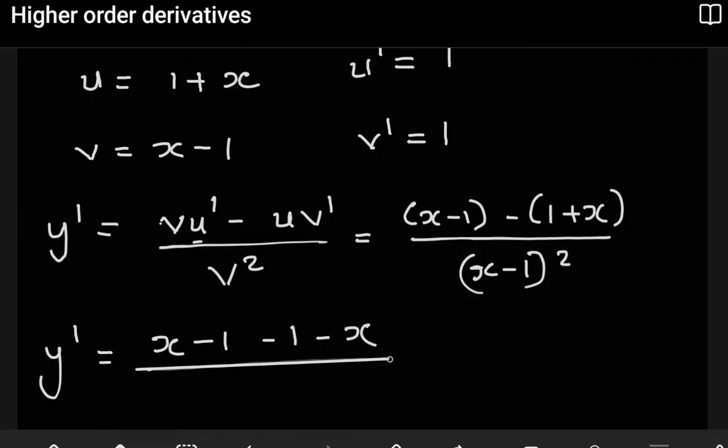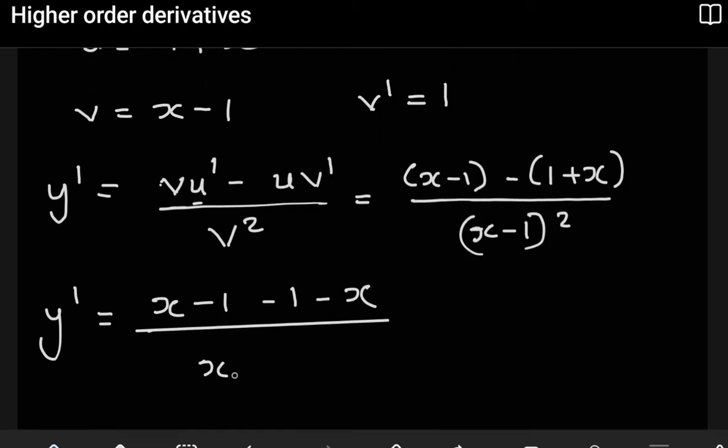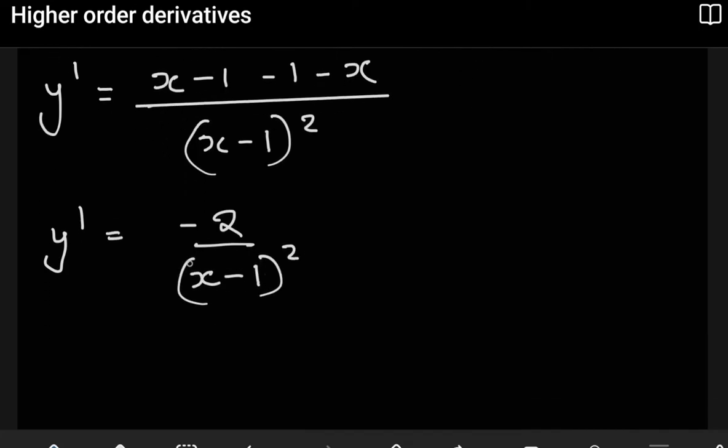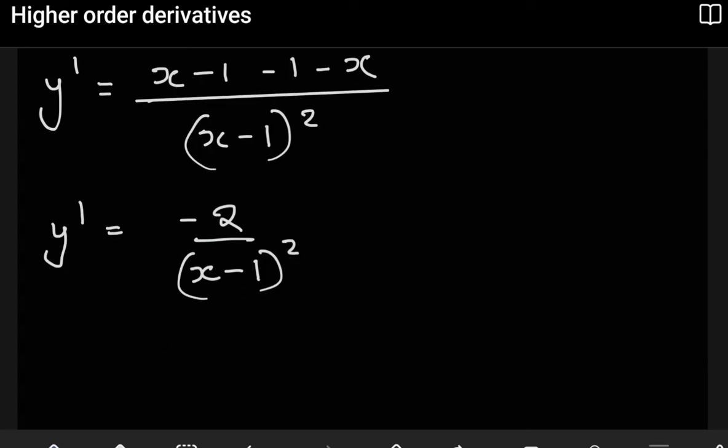This is over x minus 1 squared. From here, y prime ends up being equal to, the x will subtract out, then we have minus 2 over x minus 1, but it just has to be squared. So this is what our first derivative looks like.